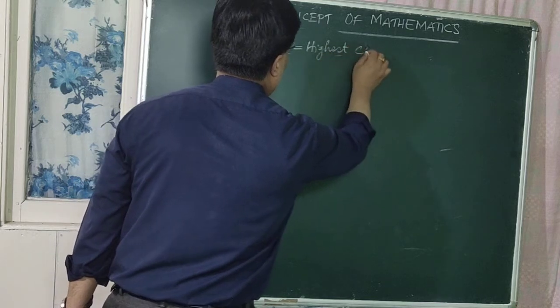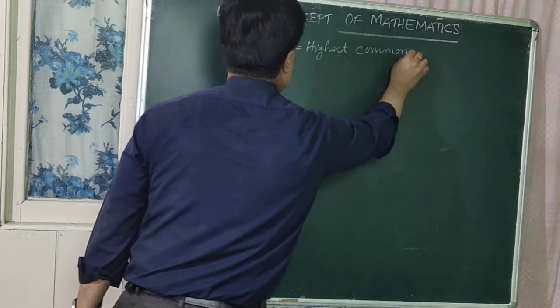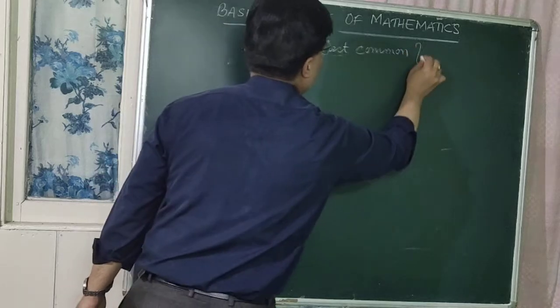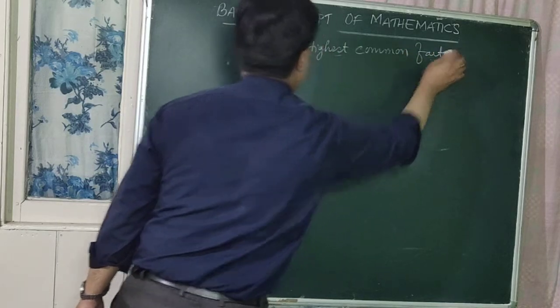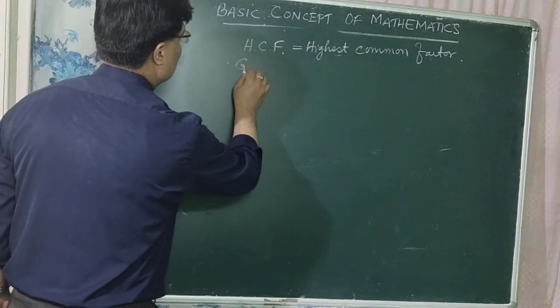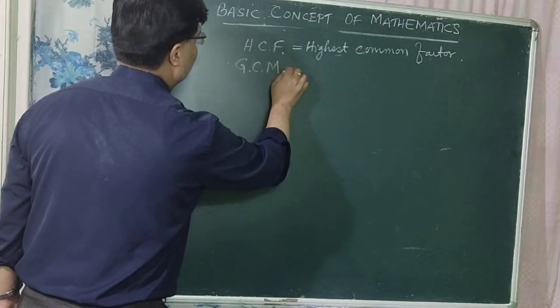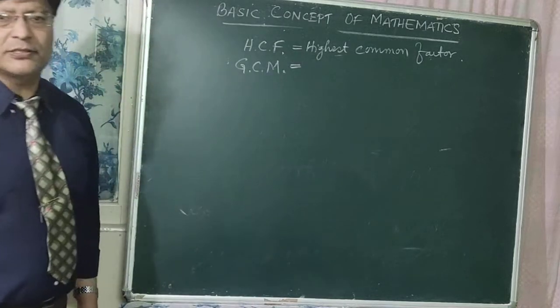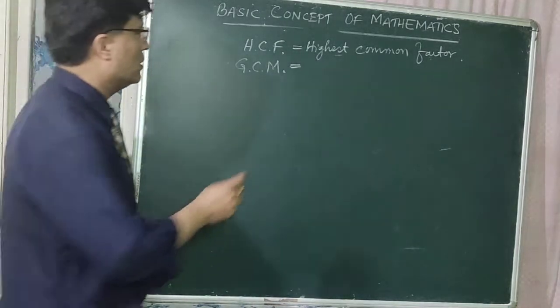Highest common factor, right? Or it may be known as GCM. GCM means greatest common multiple.